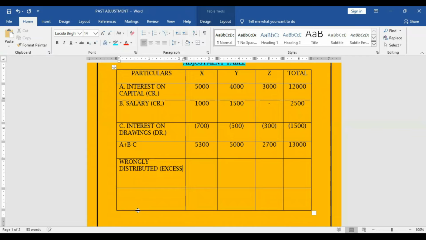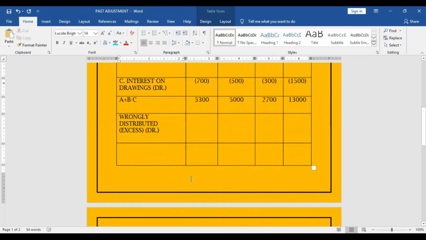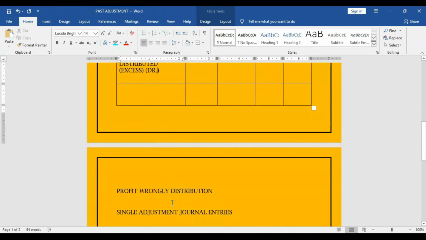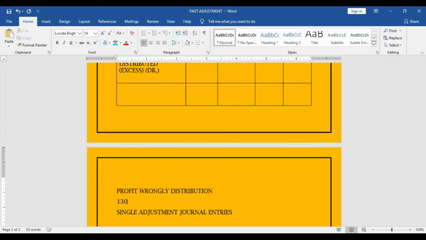In order to rectify or adjust it, we have to debit this amount according to their profit sharing ratio. 13,000 has to be debited because it's a credit item, excess credit. If you want to correct it, debit. So the profit wrongly distributed was 13,000. We will calculate for each partner.